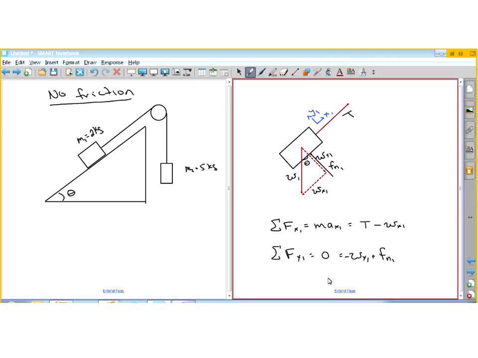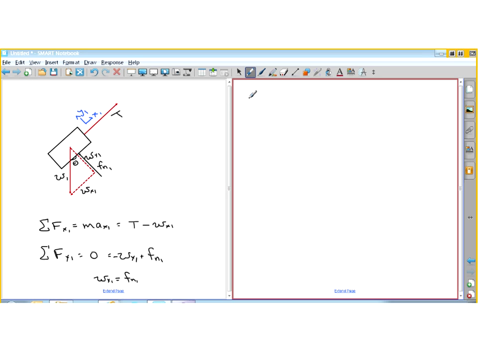So the sum of the forces in the y direction just tells us that W sub y1 equals the normal force. Again, we don't need this for this particular calculation. We will when there's friction in the problem. So we really only have one equation of that.